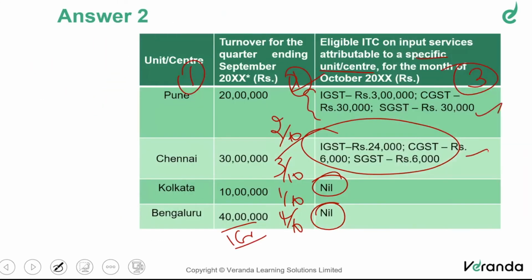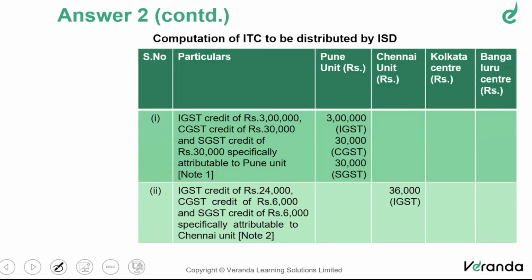These two, Pune and Chennai. As far as Pune is concerned, we have seen that it will be distributed separately, whereas as far as Chennai is concerned, 36,000 completely as IGST. Correct. So that is what is done here. Pune separately distributed. Chennai, entire thing, 24 plus 6 plus 6, distributed as IGST. Is this done? Is this simple? Yes.